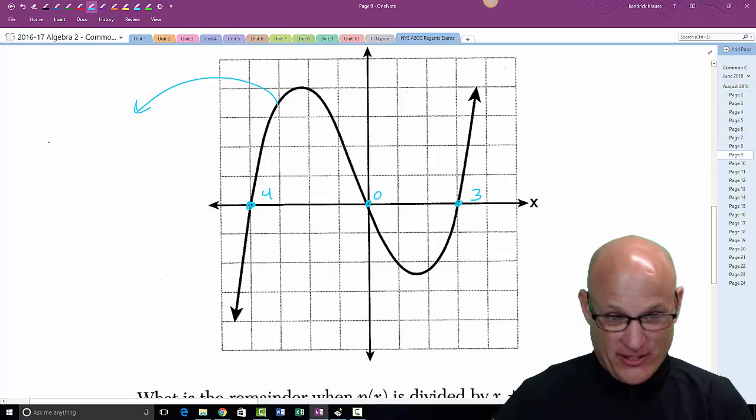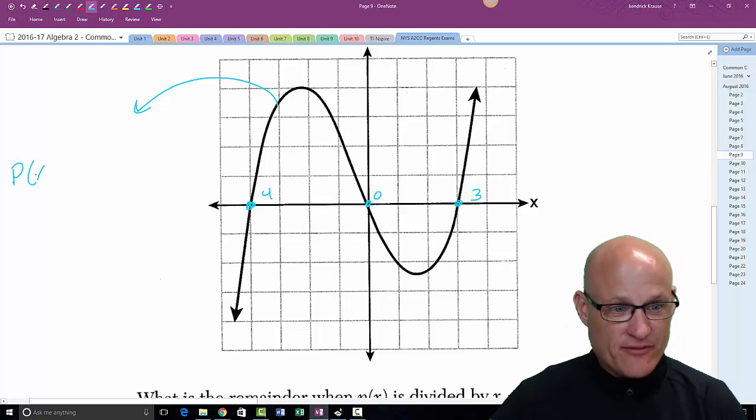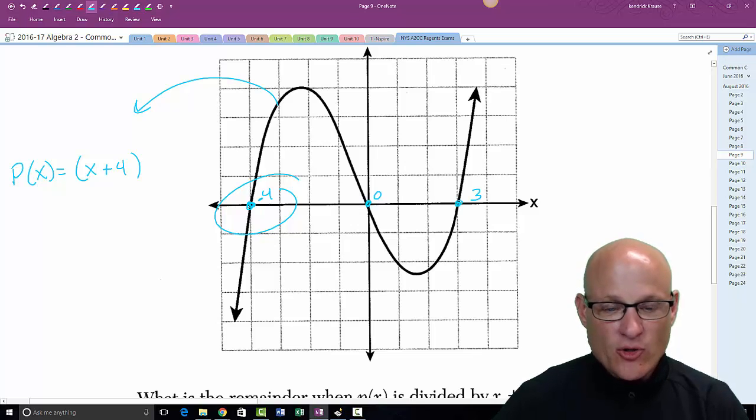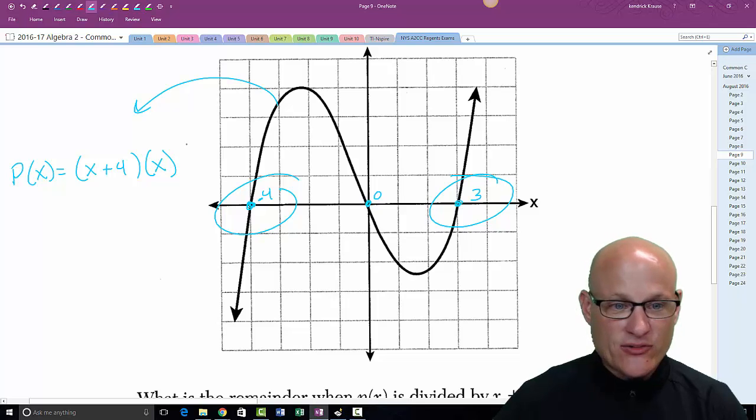If that's a cubic function, then I know that p of x is really equal to x plus 4. Now, even this is negative 4, right? So when it goes in as negative, positive 4. The middle one is just x, and the last one is x minus 3.